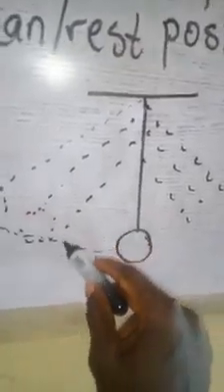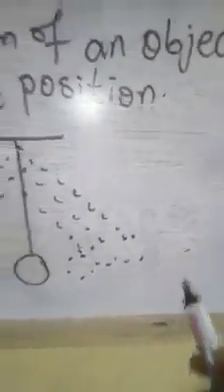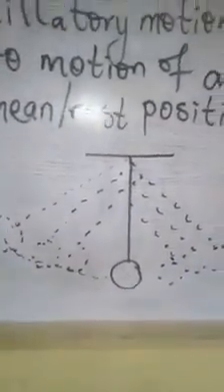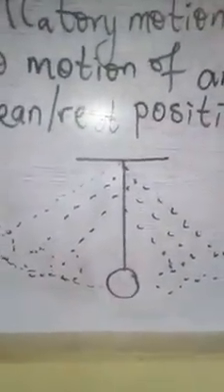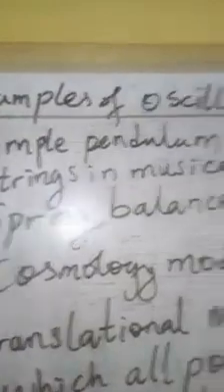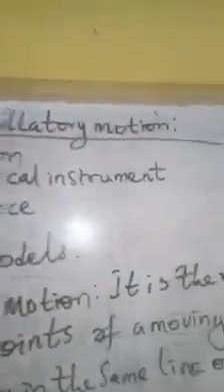The bob comes like this, then it reaches here, it won't stop, it continues to go, it continues to go. So you see it moving to and fro, and that is what is known as oscillatory or vibratory motion.